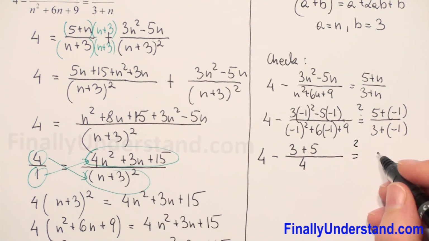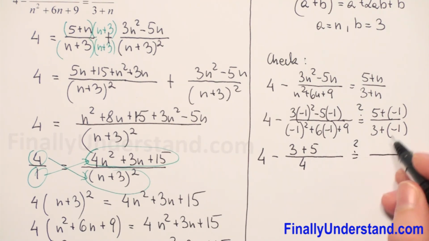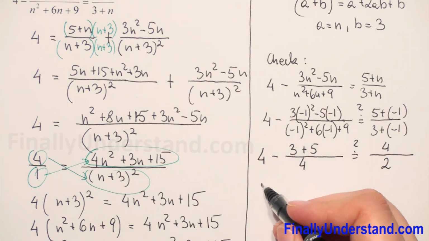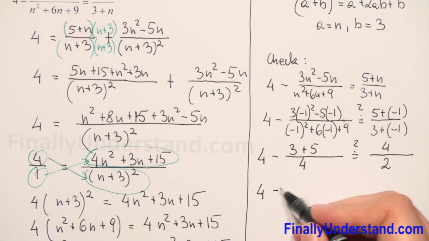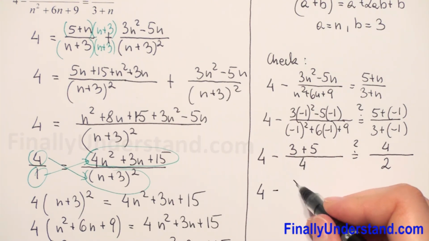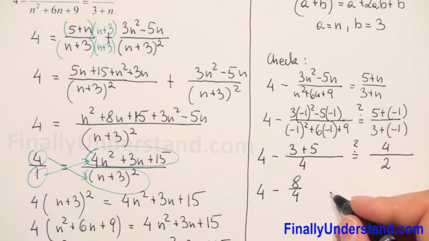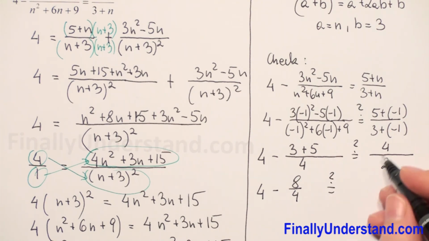And we have to check if this is equal. 5 minus 1 will be 4, 3 minus 1 is equal to 2. On the left side we have 4 minus, 3 plus 5 is 8 over 4. This should be equal. 4 divided by 2 is 2.